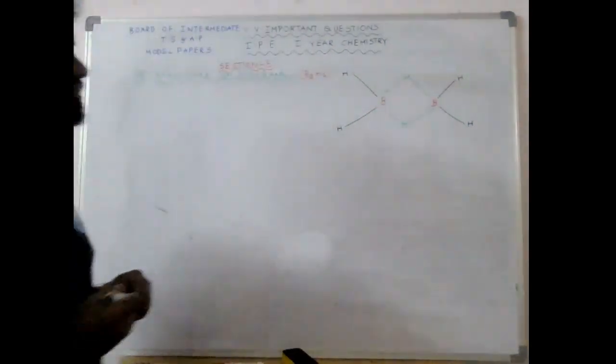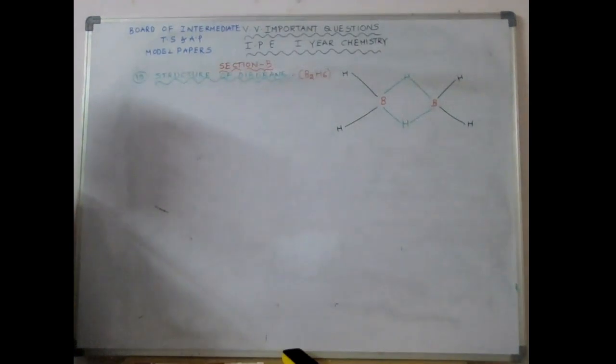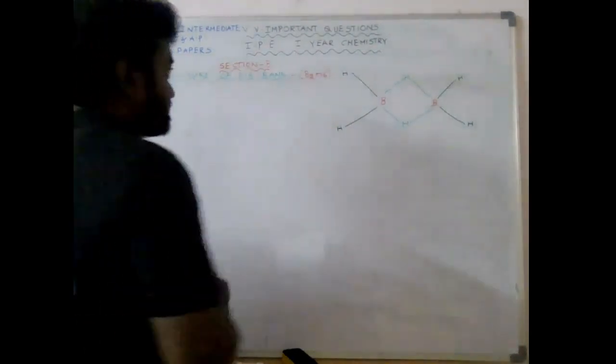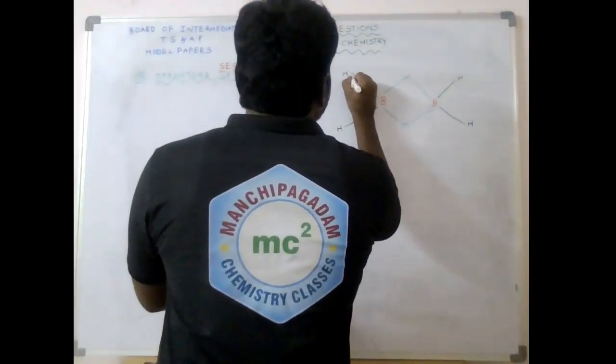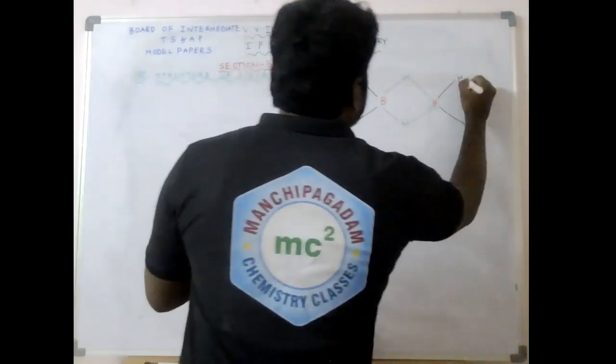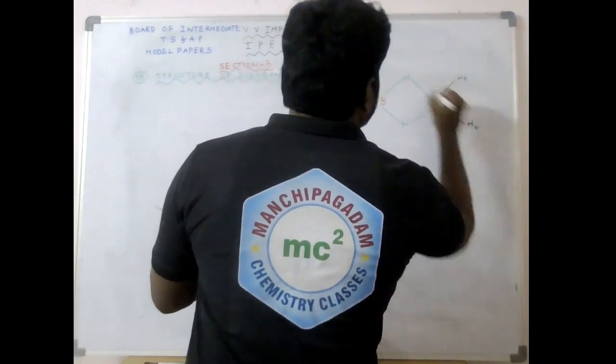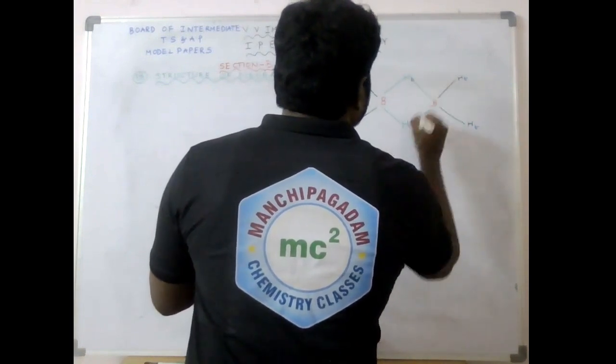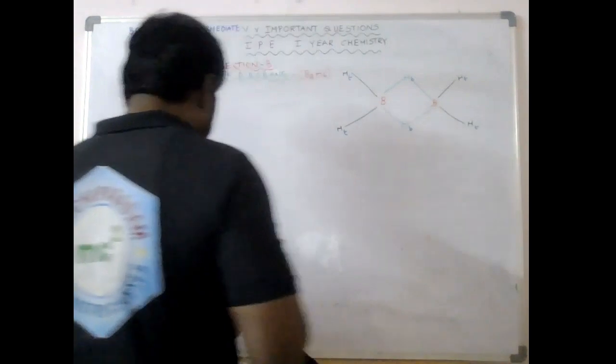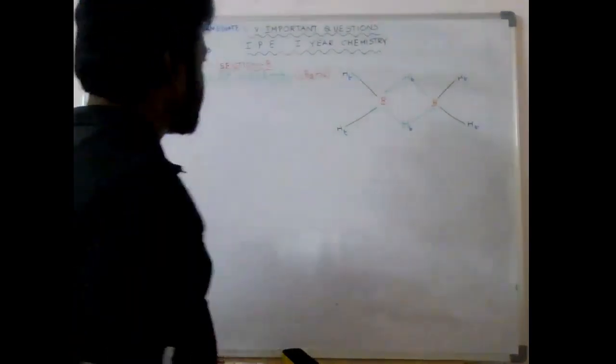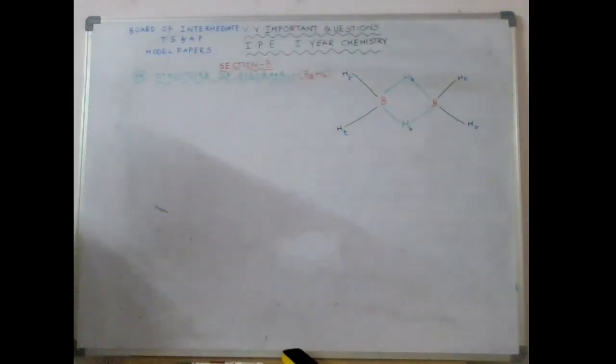So this has come from different experiments, diborane. Here I am writing T, here also T, T, T. What about this? This one is B. B for bridge, T for terminal.